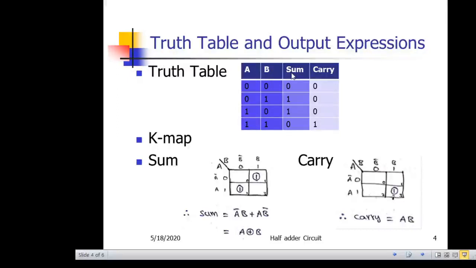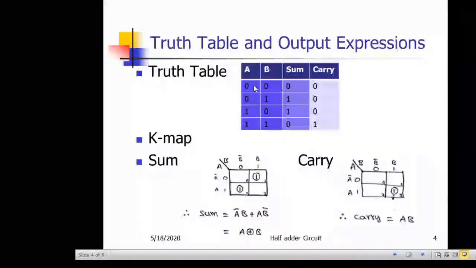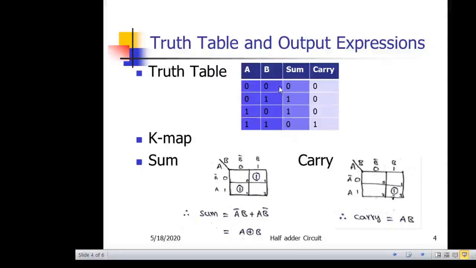Let us see what is sum and carry for these four possible combinations. What is the sum of 0 plus 0? Obviously sum is 0. In normal arithmetic, for the sum of 0 plus 0 there is no carry. That's why here sum is 0 and carry is also 0.